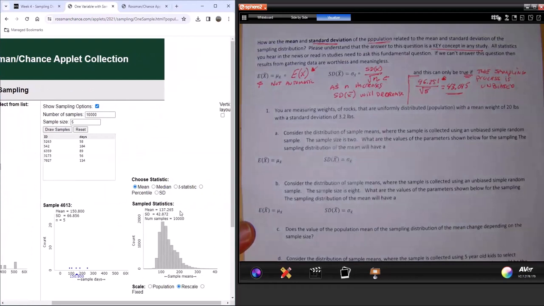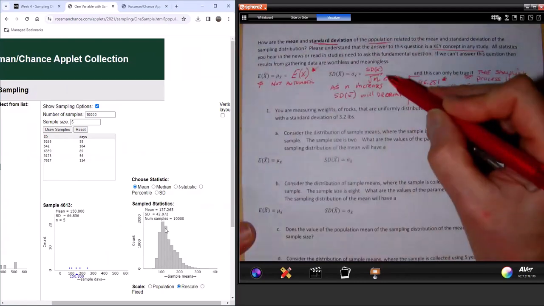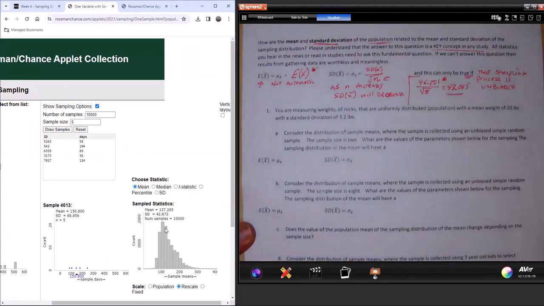In theory, it should be 43.05. From this iteration of 10,000 it is 42.872. So that's pretty close. This formula seems reasonable because I did this 10,000 times, and my standard deviation is pretty darn close to the number theory says it should be.